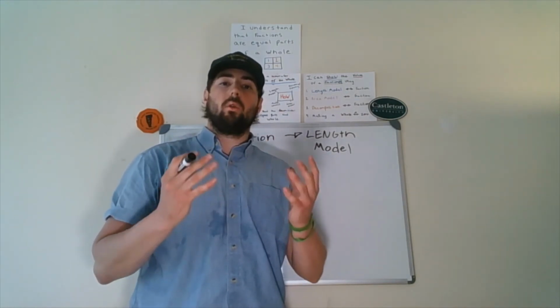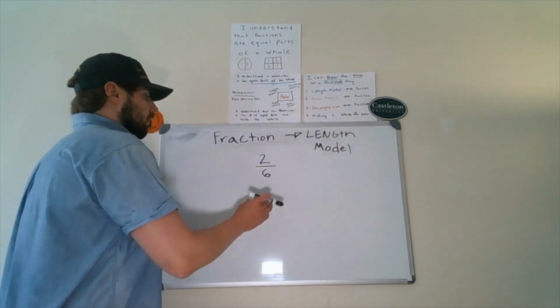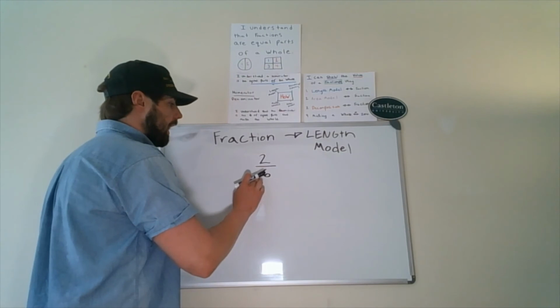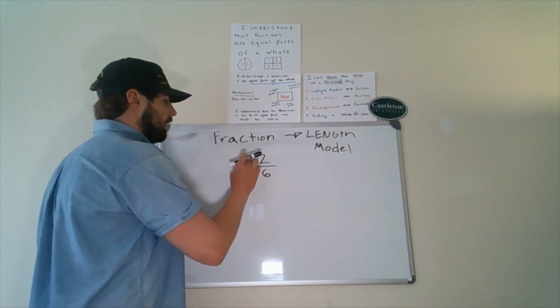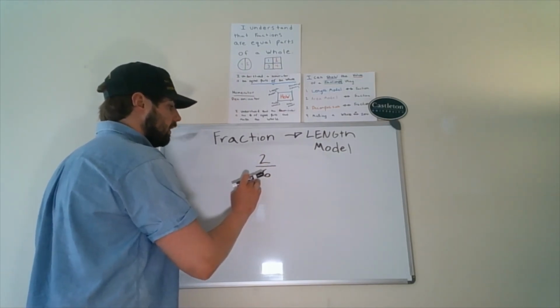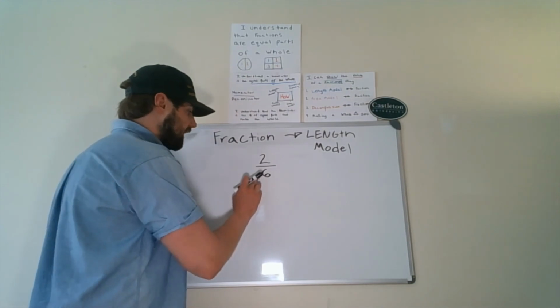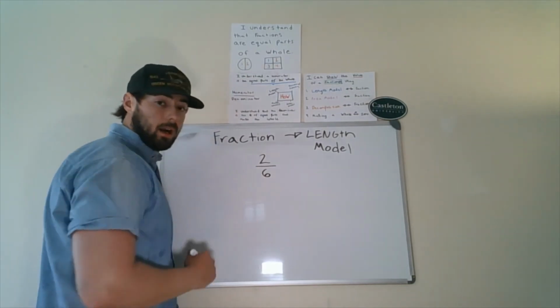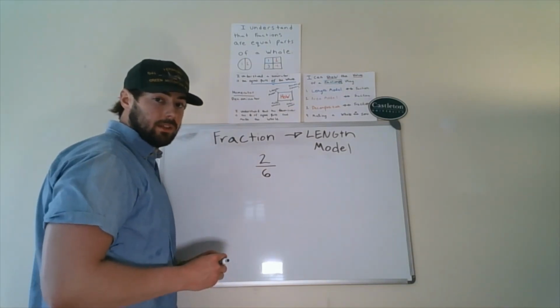What is the whole we're talking about? When I do that, always got to look at that denominator. How many parts make the whole in 2/6? That, of course, would be 6. We are talking about sixths. 6 parts make the whole in 2/6.